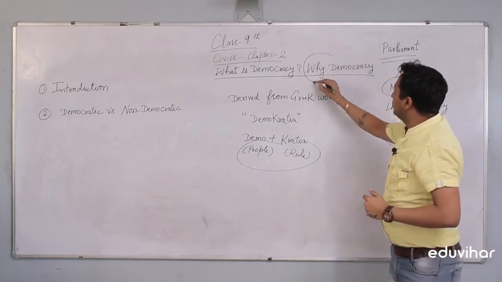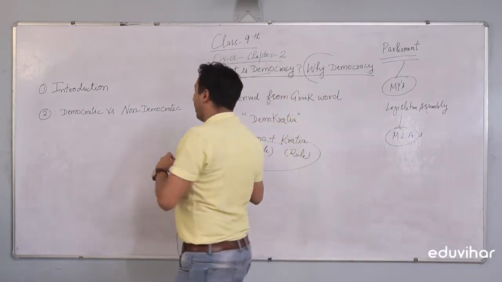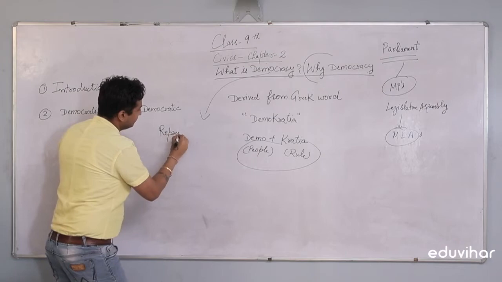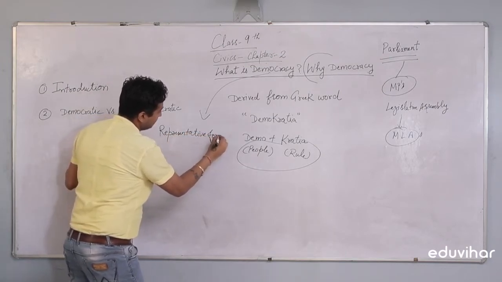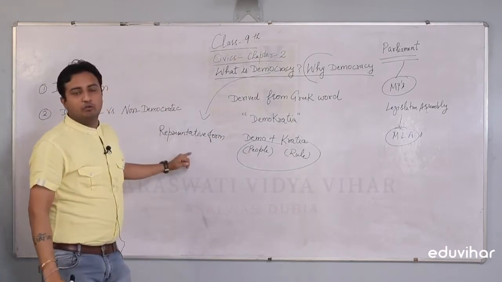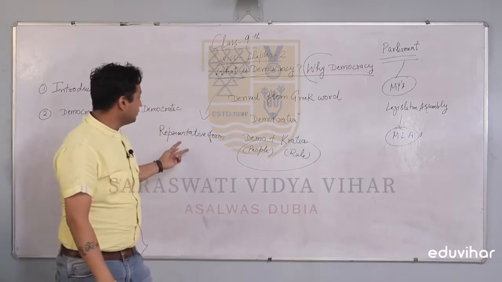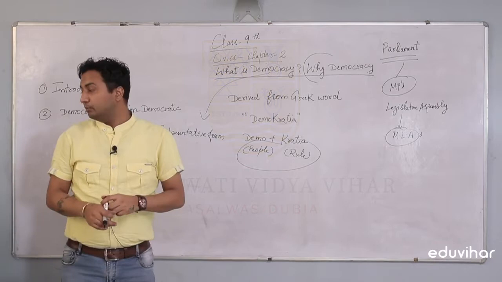So democracy is a representative form, meaning that we choose our representatives. That's why we see it as a representative form of democracy.